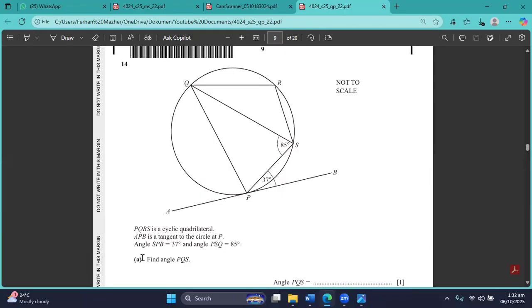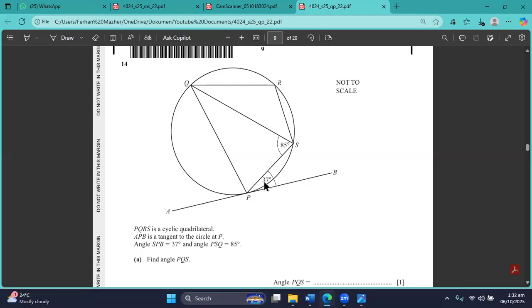Their first question is, what is the angle PQS? So they're talking about this angle. You see, this is a tangent. This is a triangle PQS. One vertex of that triangle PQS is on the point of tangency. So the side PS of that triangle is making a 37 degree angle with that tangent at the point of tangency at P. Its other two vertices are on the circumference.